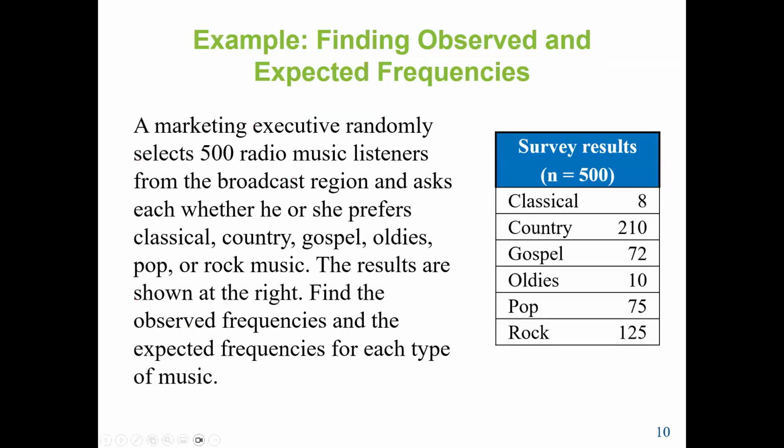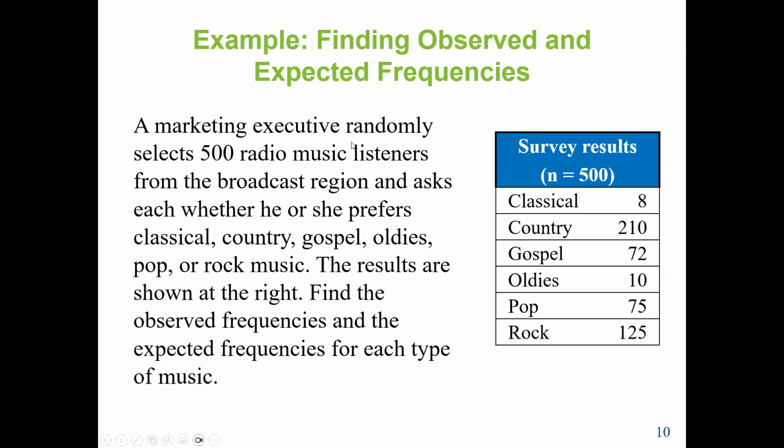So now let's solve the problem. The same problem we have for the radio station. We have classical, and previously we already have the percentages. Now the sample here is 500.